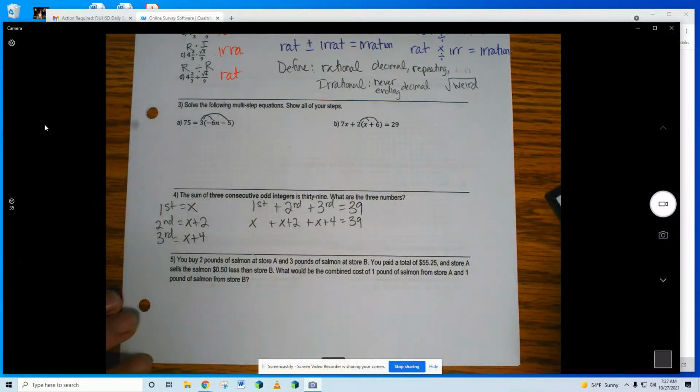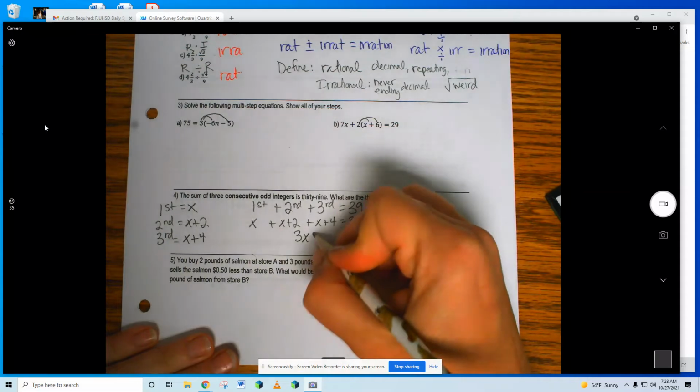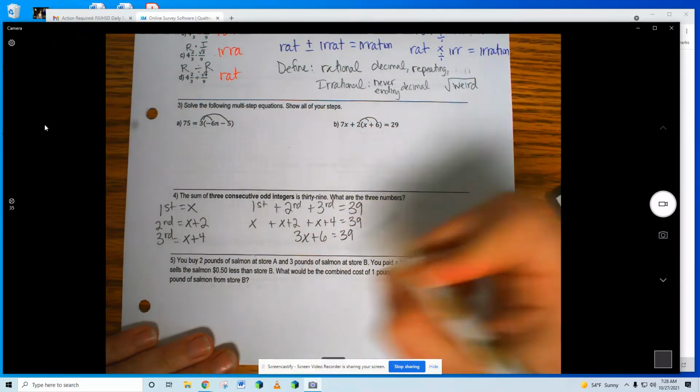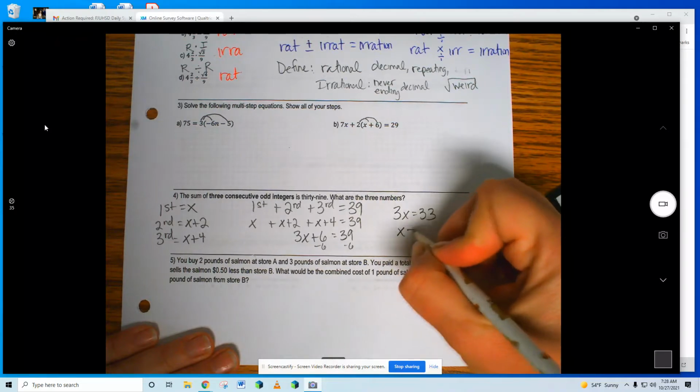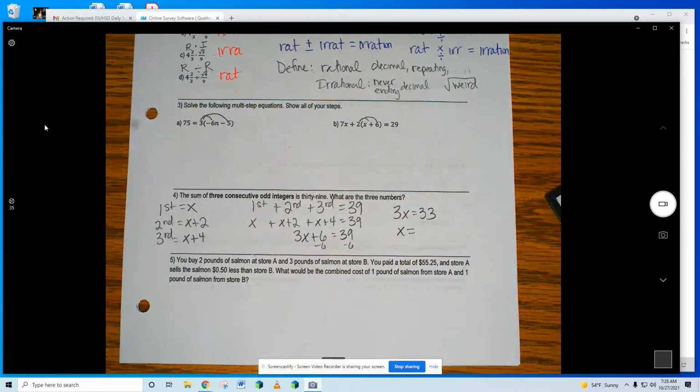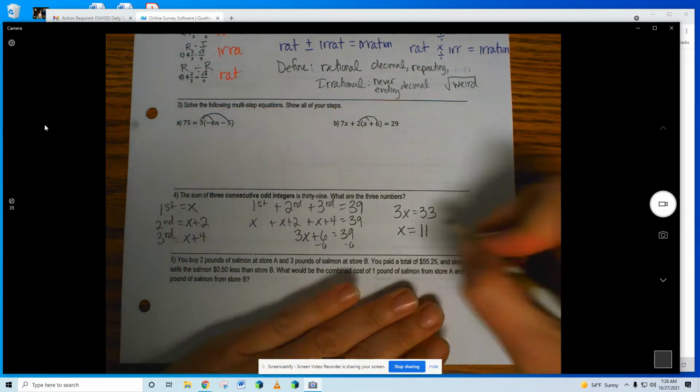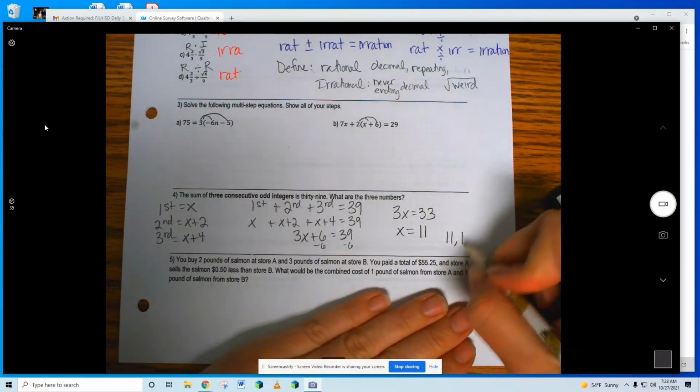Simplify this left side. What do I get? Put the x's together. Put the 2 and the 4 together. We need to move faster, guys. 3x plus 6 equals 39. And then you just solve: 3x equals 33. My 3 numbers are 11, 13, and 15.